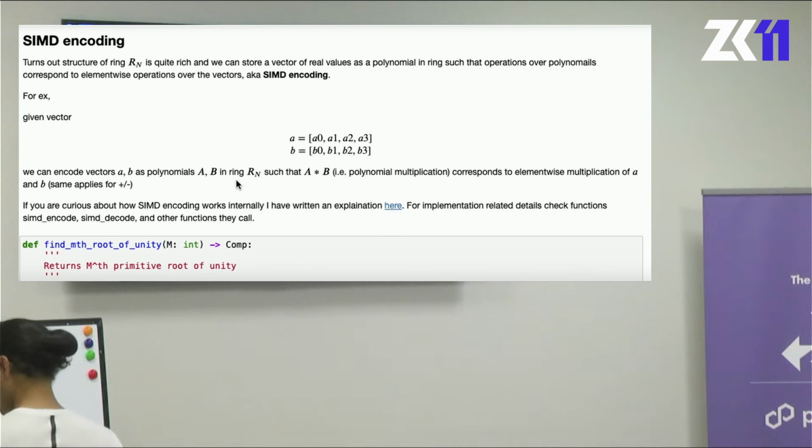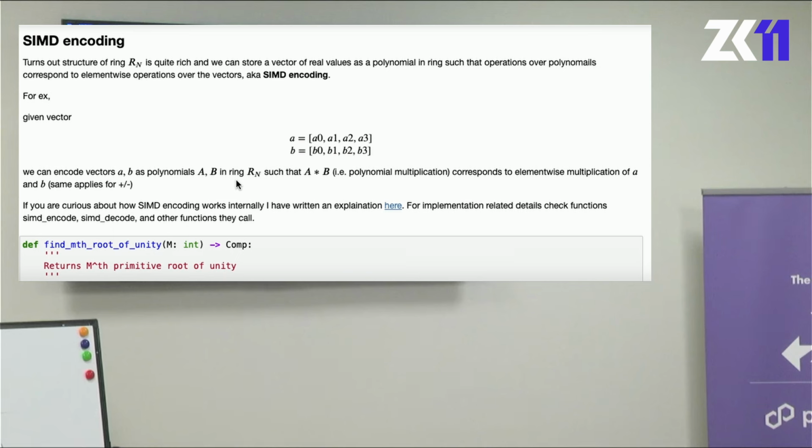So for example, you have two vectors, A and B, right? These are vectors of reals. There's a way to encode these vectors into polynomials A and B such that polynomial multiplication of these polynomials would result in element-wise multiplication of these two vectors. Okay? This is SIMD encoding.